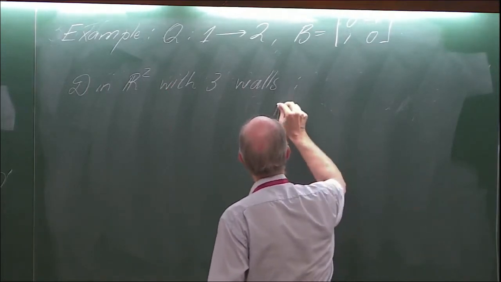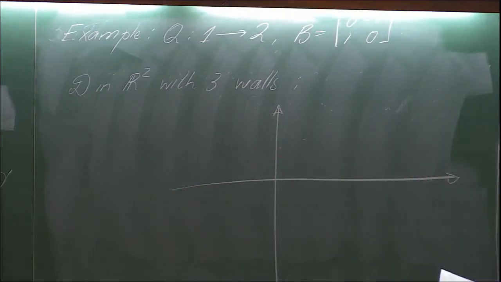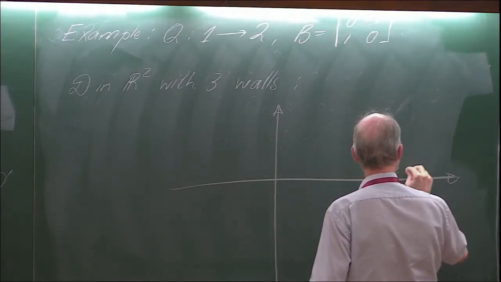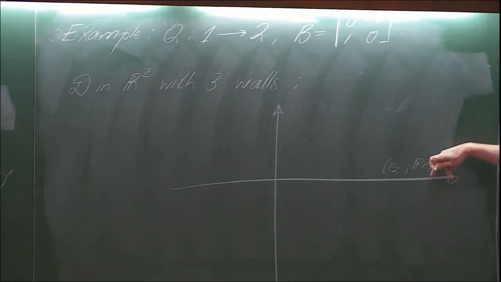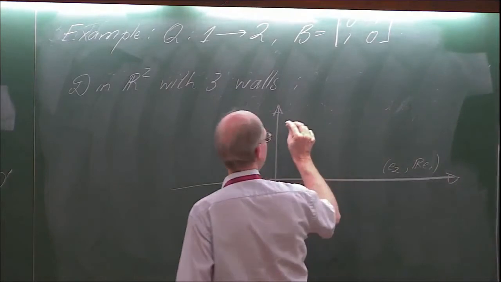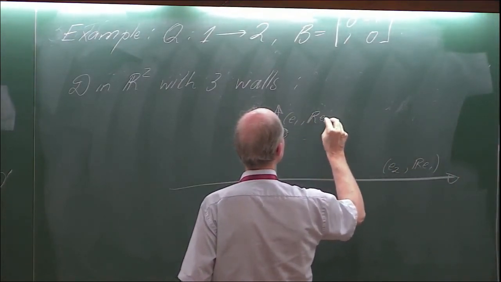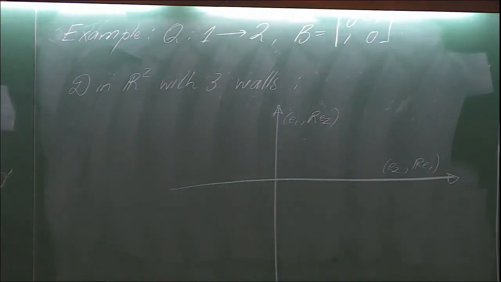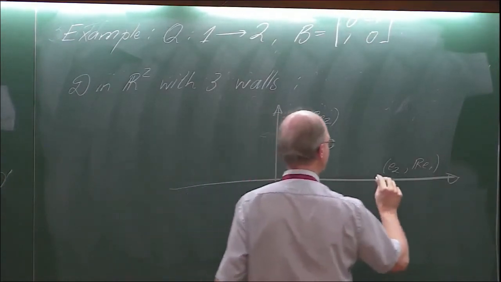Namely, the walls are the two coordinate axes. So we take wall E2 and the line R E1. So the normal vector points upwards. And here we take E1 and R times E2, the normal vector points in this direction. So the green direction, I put a little arrow for the green direction.